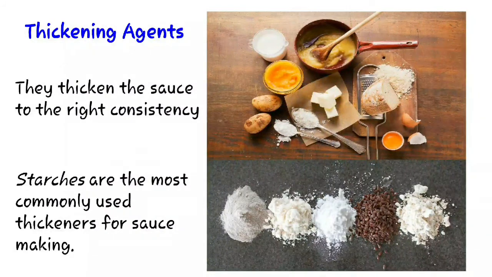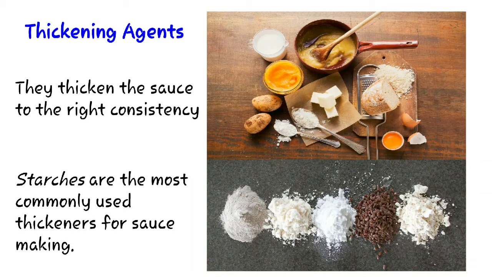In preparing sauces, we also use thickening agents because they thicken the sauce to the right consistency, and the sauce must be thick enough to cling lightly to the food.